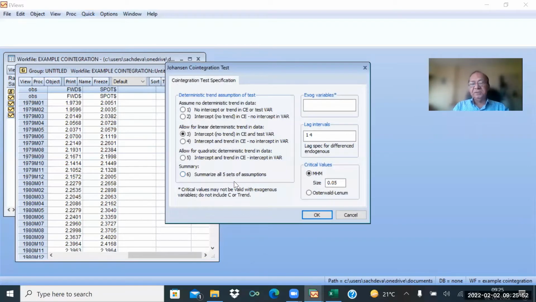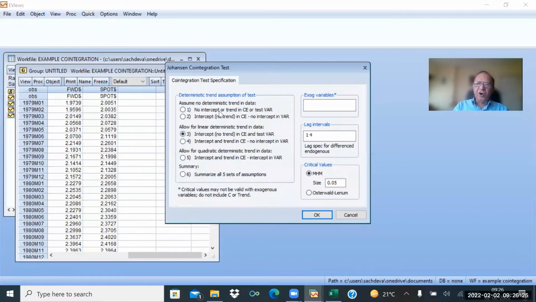Now it will ask me first whether we should use no intercept or trend, or whether we should use intercept in the cointegrating equation. It further asks whether I should use intercept in the cointegration and VAR, or intercept and trend, or we can use the summary of all.